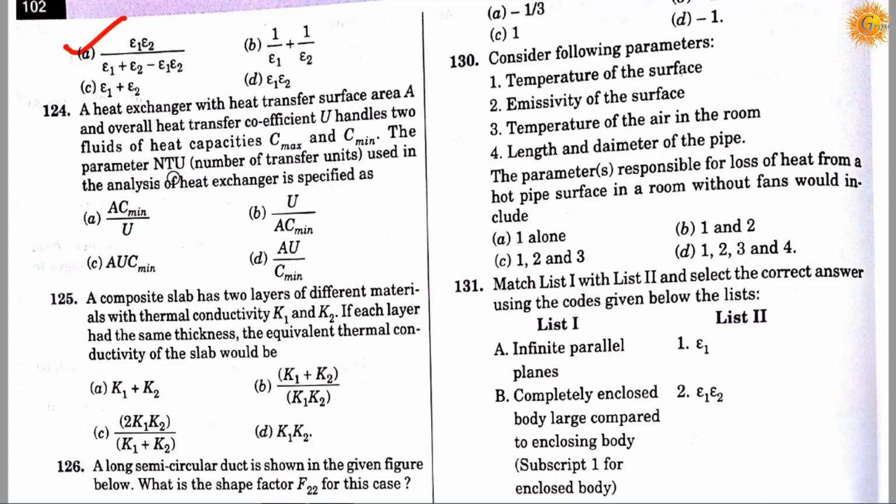The parameter NTU, the number of transfer units used in the analysis of heat exchangers, is specified as: option A, A C minimum divided by U. Option B, U divided by A C minimum. Option C, A U C minimum, and option D, A U divided by C minimum. So the correct answer will be D, A U divided by C minimum.